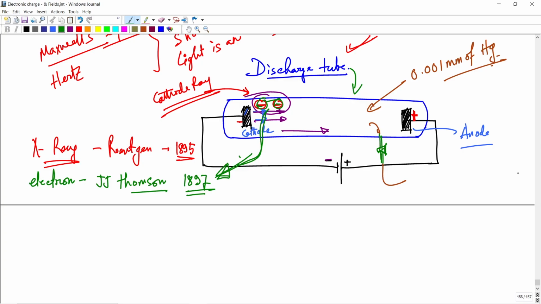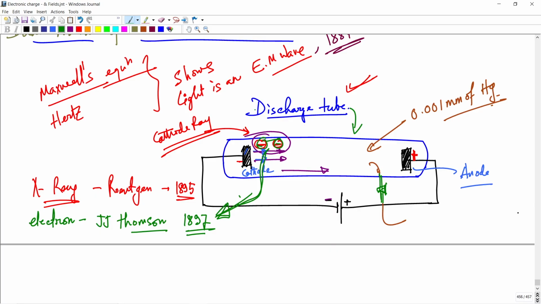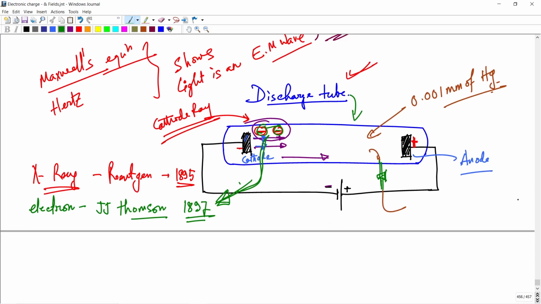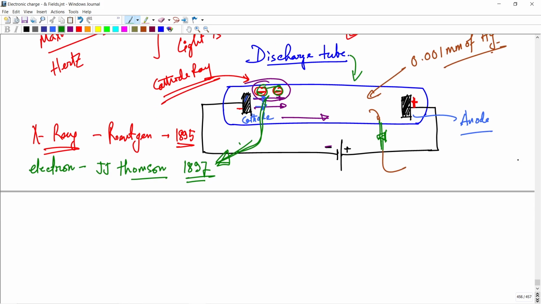Okay, if I combine the X-ray, electron, and discharge tube concepts, with the Maxwell equations and the Hertz experiment, we get a better understanding of atomic structure. These discoveries help us to better understand atomic structure.